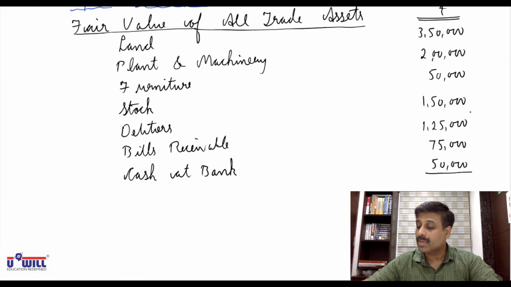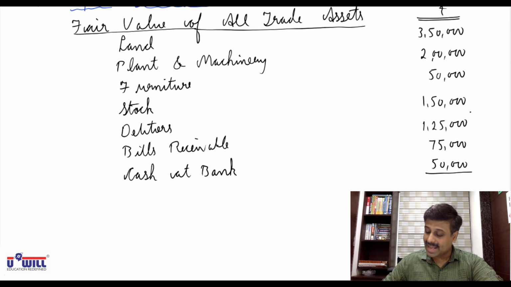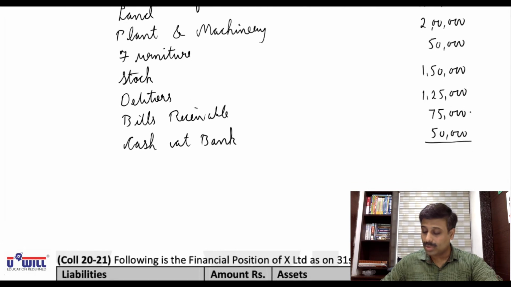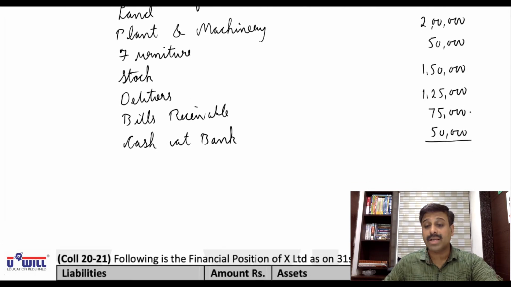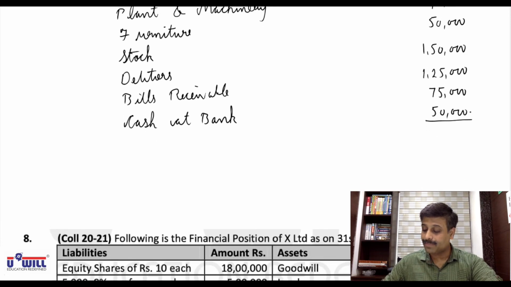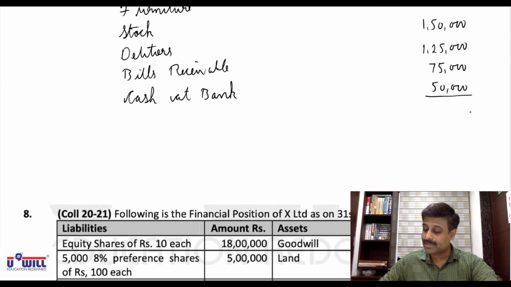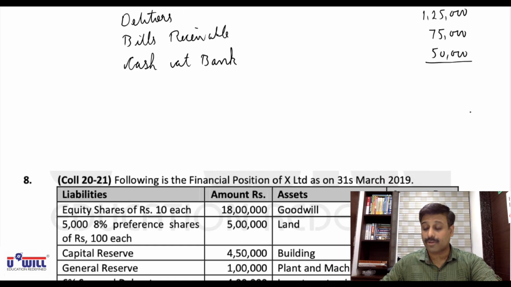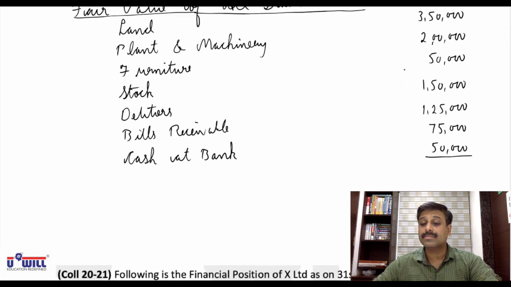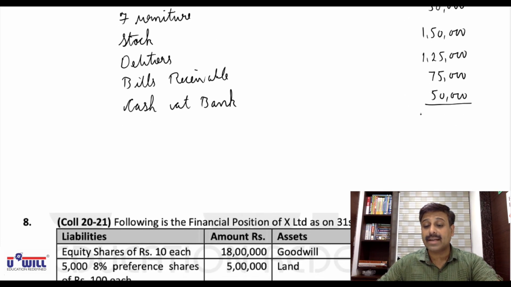Now we'll do the total. 3,50,000 plus 2 lakhs plus 50,000 plus 1,50,000 plus 1,25,000 plus 75,000 plus 50,000. So 10 lakhs. Okay, total assets are 10 lakhs. You will mark it as A.